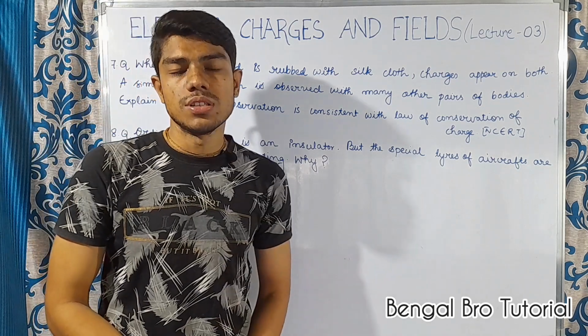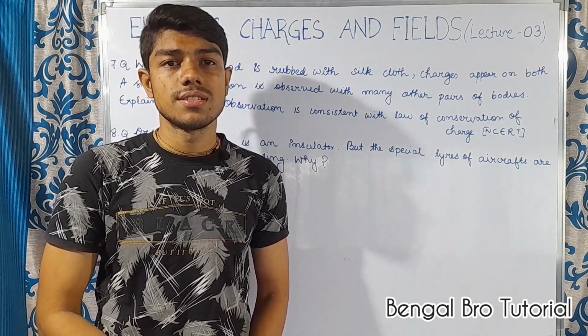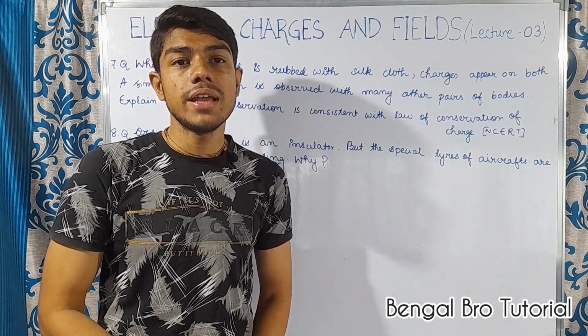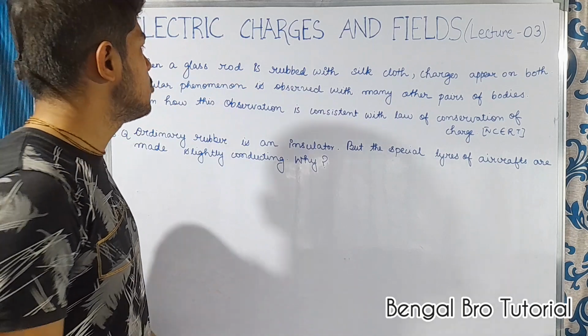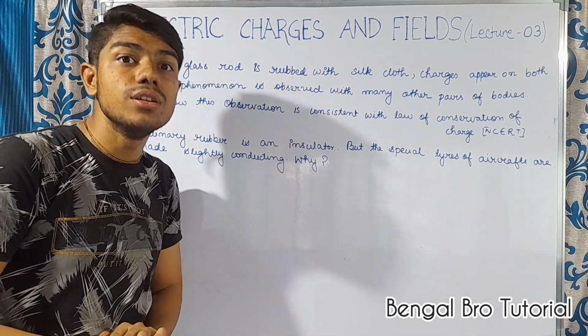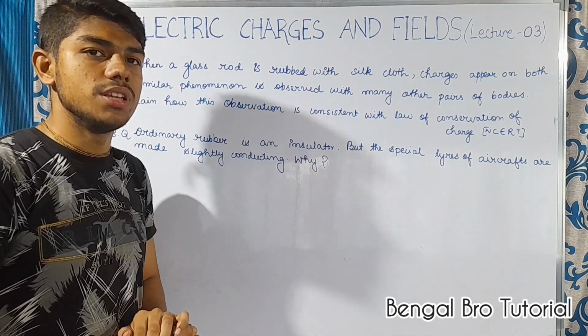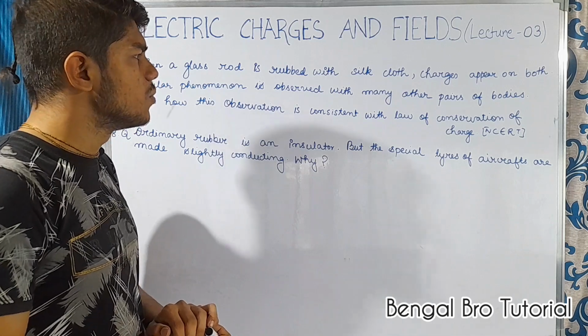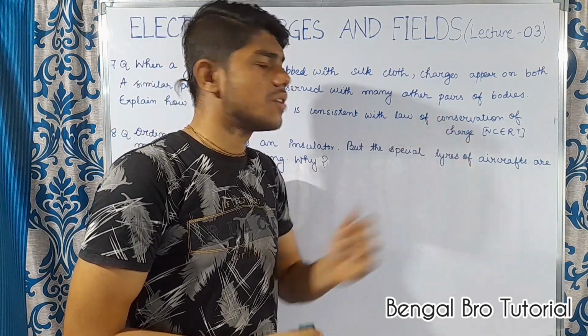According to the law of conservation of charge, the total charge of an isolated system remains unchanged with time. But here, the glass rod and silk cloth, which were initially neutral, have acquired charge after they were rubbed with each other. Now, how can we explain this observation with law of conservation of charge?